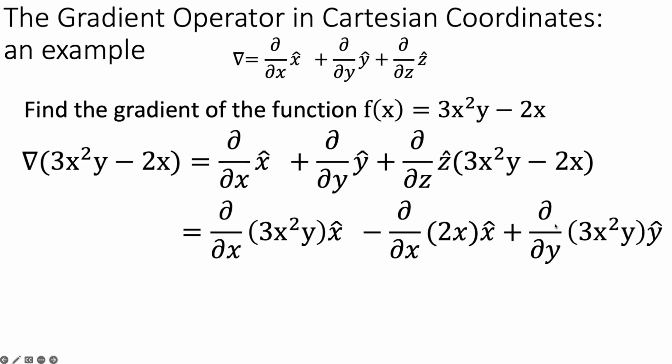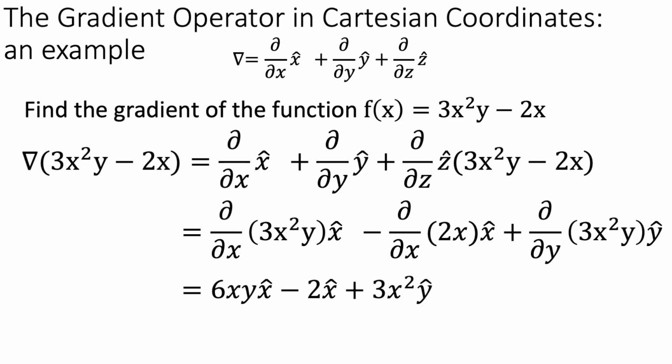And now we've got d/dy of this 3x squared y that we have to care about, because there is a y here, and don't forget that y hat. All right, so they're all there, and now we can just take the respective derivatives. d/dx of this is, bring the 2 out front, 6x, and we'll leave the y alone. So there we have 6xy times x hat, minus 2 x hat, plus 3x squared y hat.